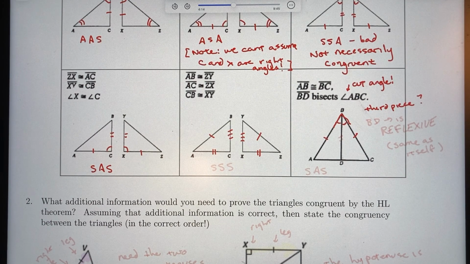Remember that BD, I'm going to officially call it now, is reflexive. I can't spell tonight. Hold on. And I screwed up again. I'm going to actually move that over because it'll probably run off the recording.